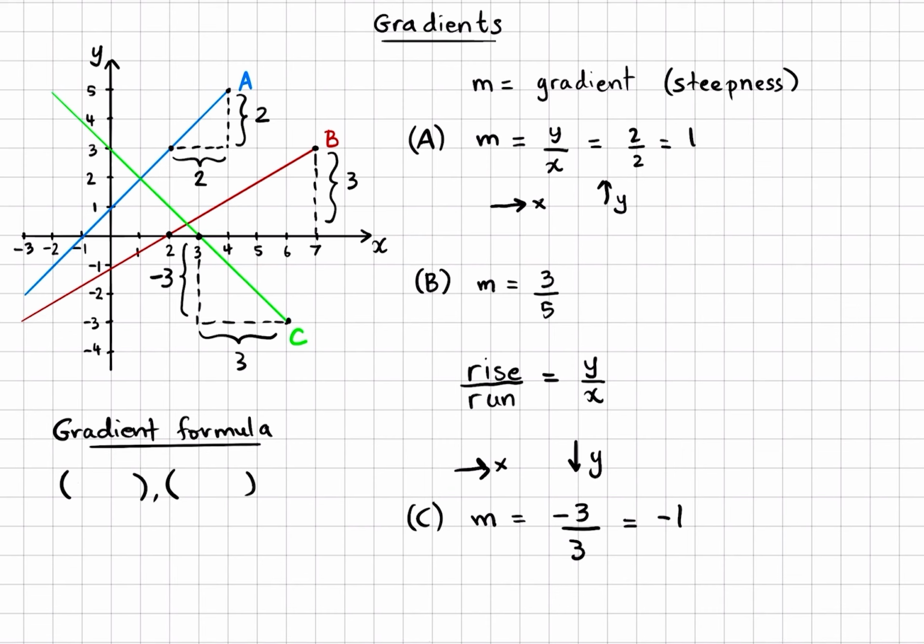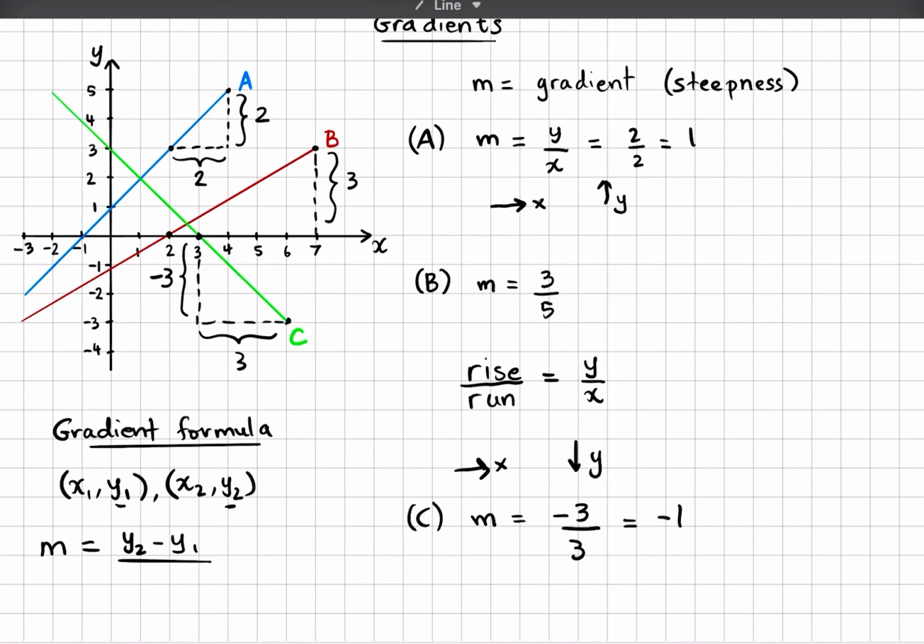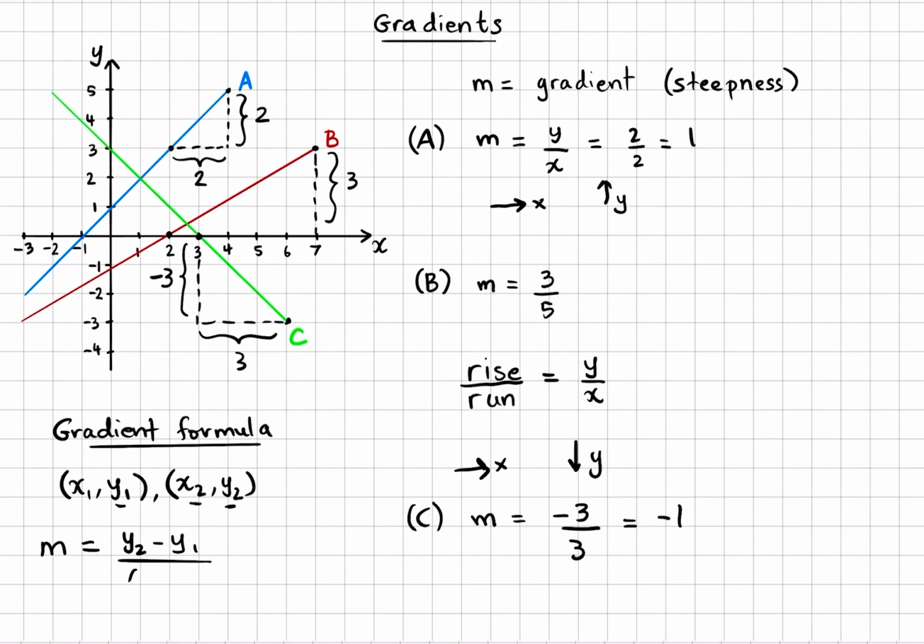I'll call the first one, I'll give it coordinates x1 and y1. And the coordinates for the second point are going to be x2 and y2. The gradient formula says that the gradient m equals y2 minus y1 divided by x2 minus x1.